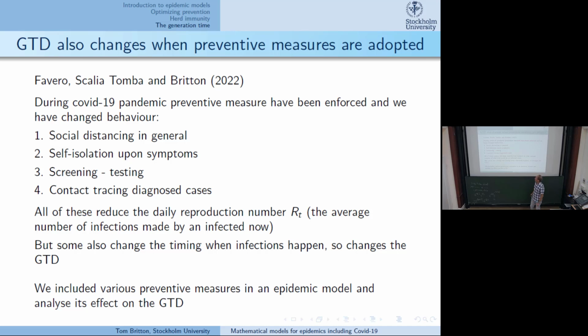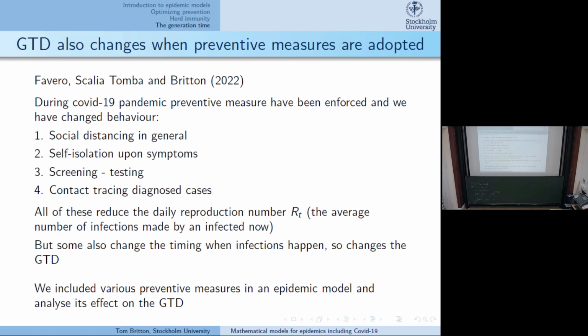All were in the same direction, unfortunately. But now we looked at the generation time for COVID, and we addressed a slightly different problem: the COVID estimates from the early part of the pandemic were taken before there were preventive measures. So that was the generation time before there were preventive measures.